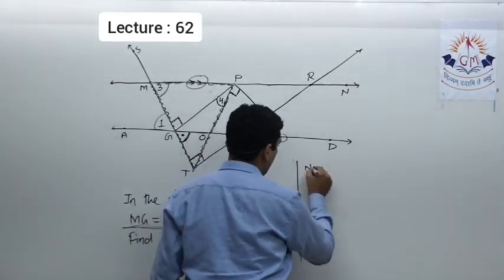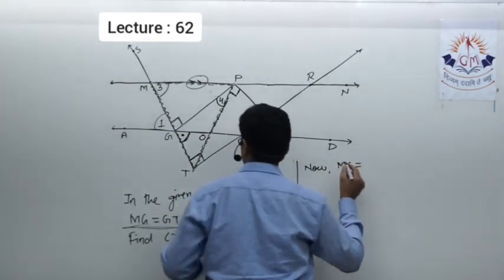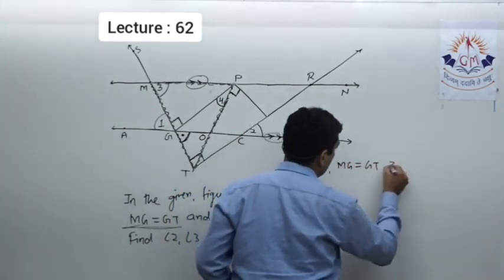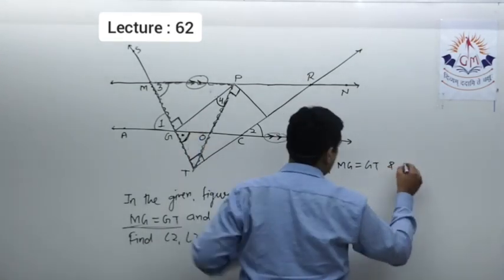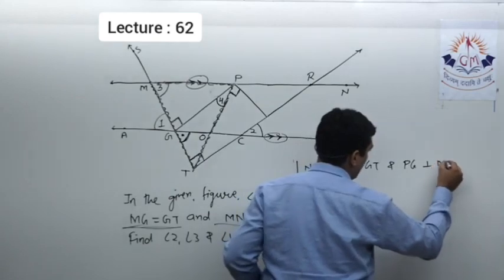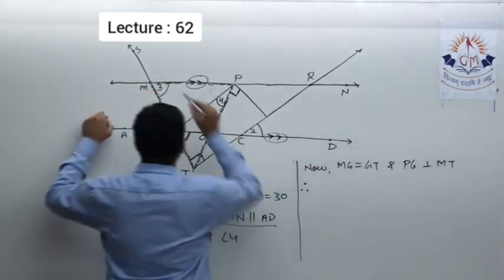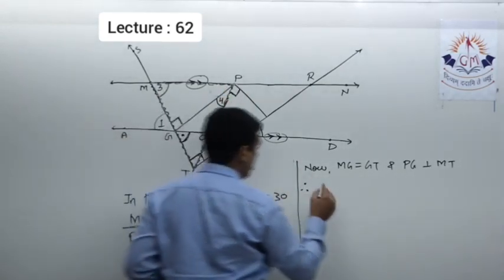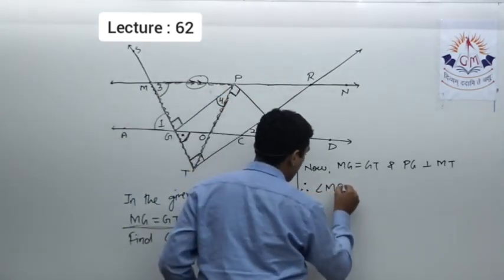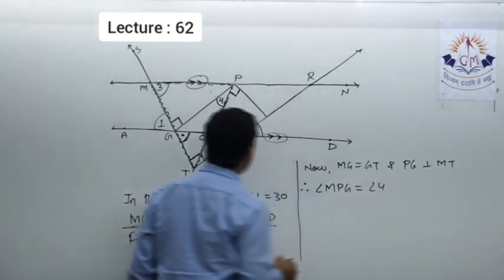Now MG is equal to GT and PG is perpendicular to MT. Therefore angle MPG is equal to angle 4.